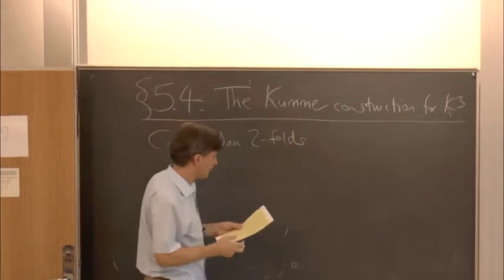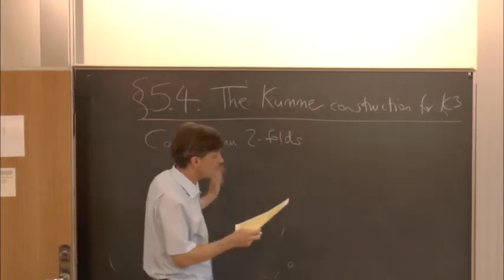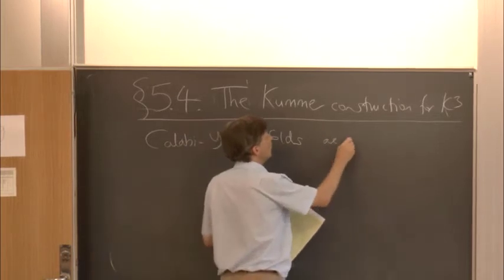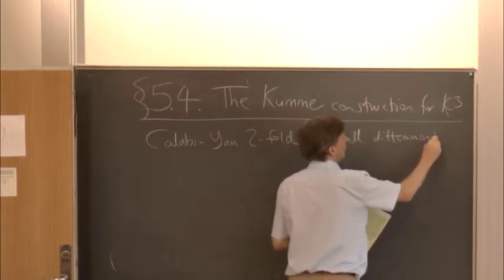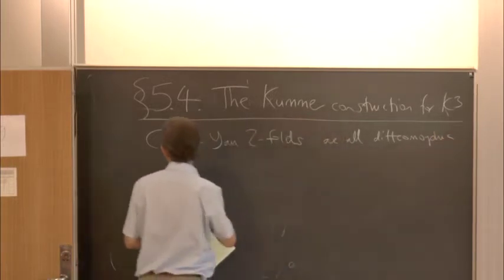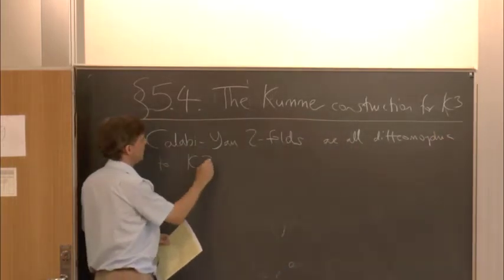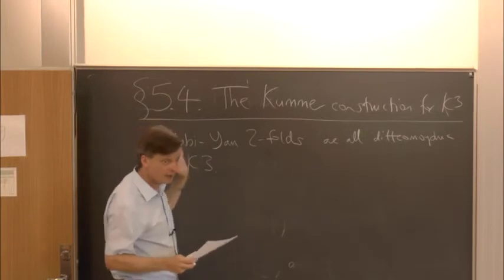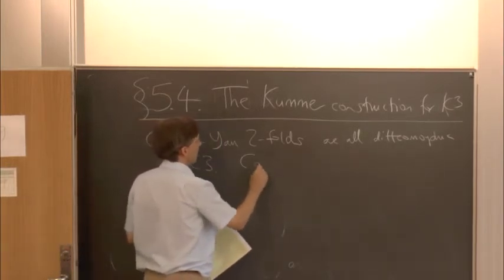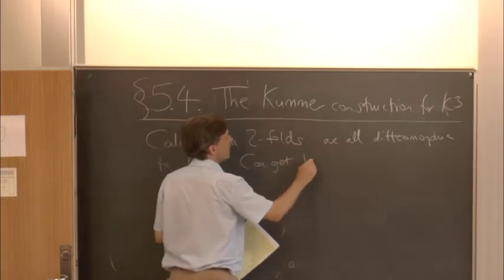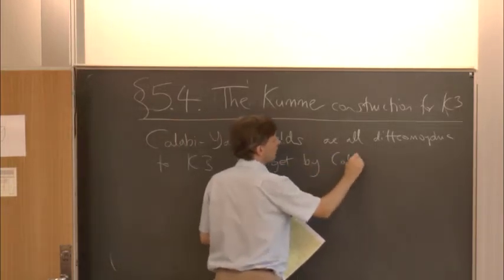Okay, so Calabi-Yau twofolds. Compact Riemannian 4-manifolds with holonomy SU2 are all diffeomorphic to the K3 4-manifold. You get them by the Calabi conjecture.